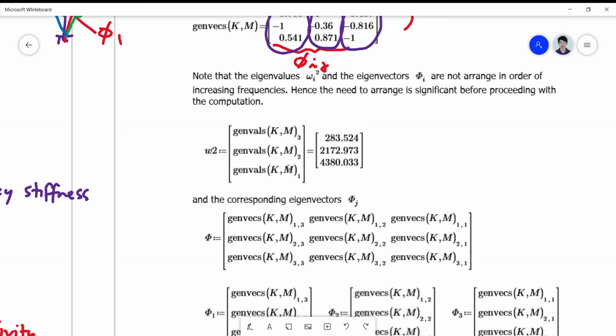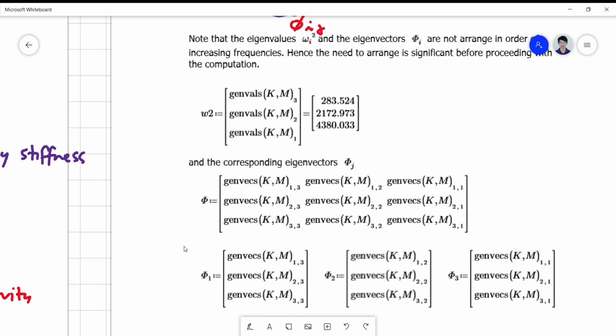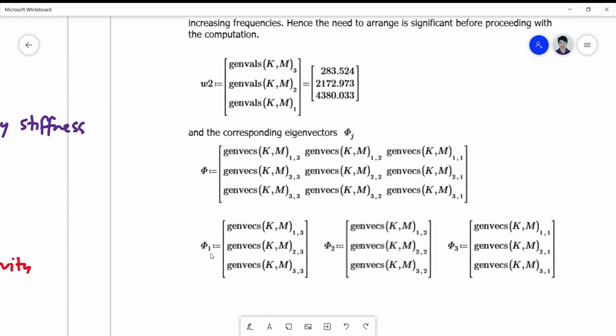Then I just switch the first vector, put it on the last, the third vector I put on the first, and the middle vector is just the same. So this is now your eigenvector phi1, eigenvector phi2, and eigenvector phi3.